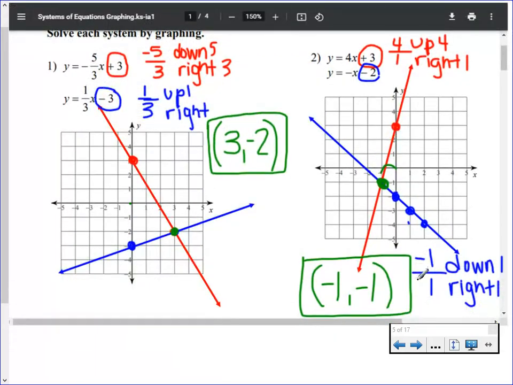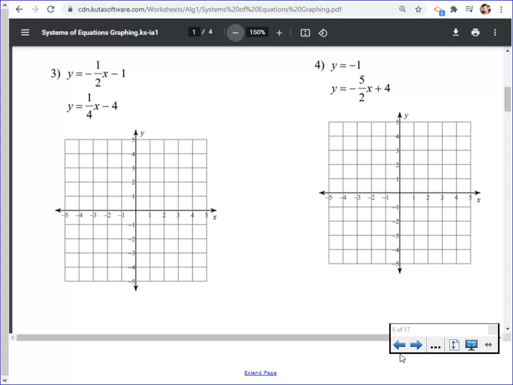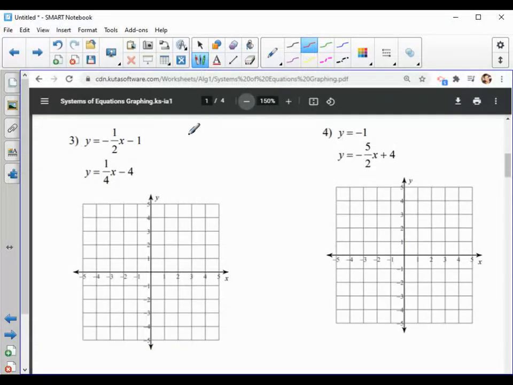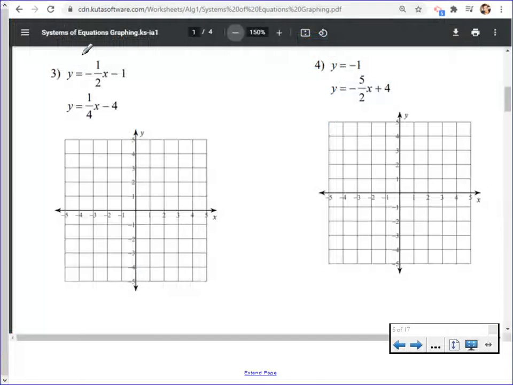Okay, how do you feel about this? It's not too bad, is it? I want you to try to graph the first one for number 3. So the first equation for number 3, what I will tell you is I would put the negative for my slope with the top number. So my slope on this one will be -1/2. This is number 3. I want you to graph that top line.